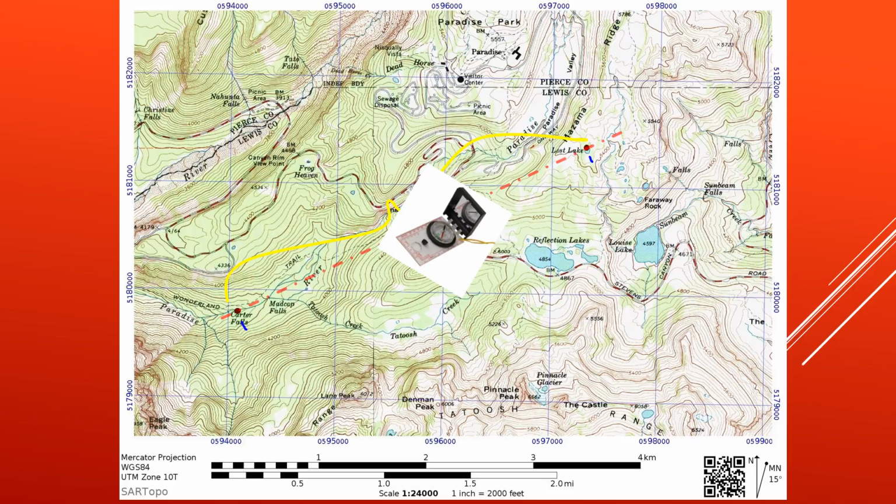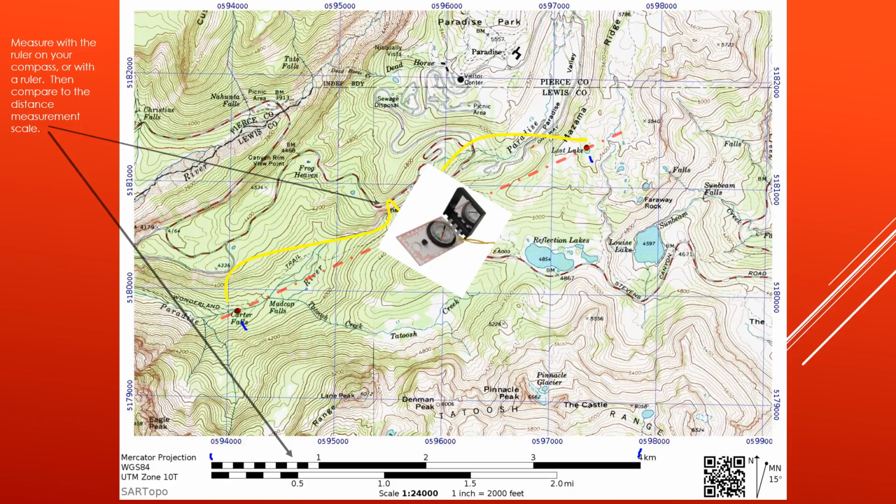Other ways, we could take a separate sheet of paper and mark off that distance, and then line it up between here and here, and we'll determine about how far that's going to be. So we can come up with a determination on the distance, and that will help us so that as we're traveling from Carter Falls to Lost Lake, we'll know approximately when we can expect to hit Lost Lake.